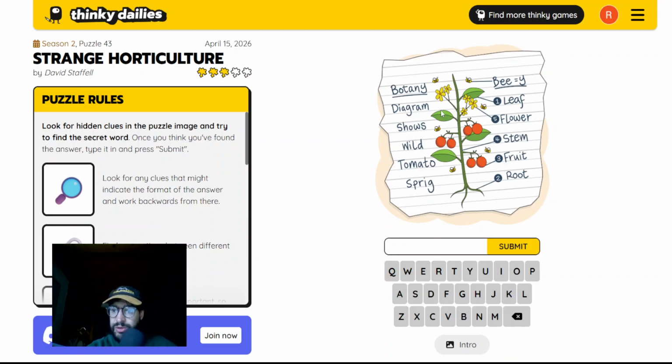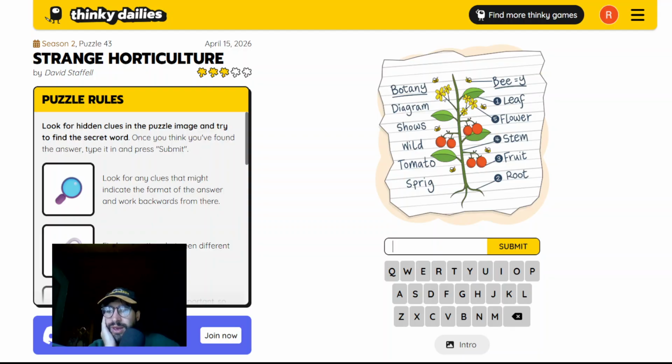We see some tomatoes, some bees, leaf, flower, leaf, root, fruit, stem, and flower. B is equal to Y. This is botany. Botany diagram shows wild tomato spring.